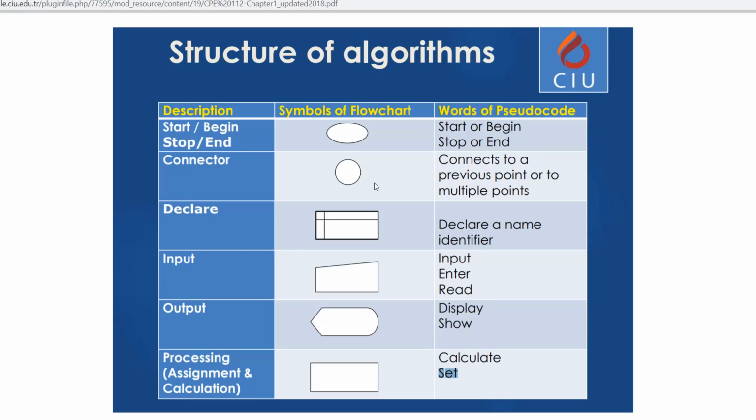A connector allows you to connect two different points, such as after calculating a process box, if you want to go to a different output box that is far away, instead of messing up the diagram and putting lines over lines, you basically use a connector indicating that it goes to a certain point and it continues in another point. So you can think of a connector like a portal that will transfer the result of the operation to another point.